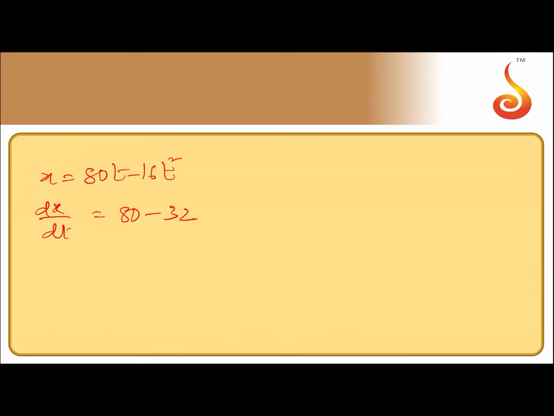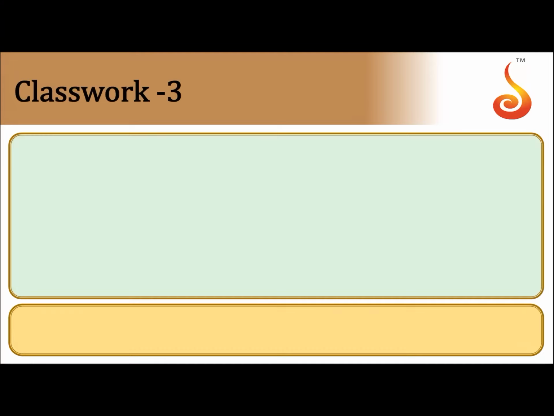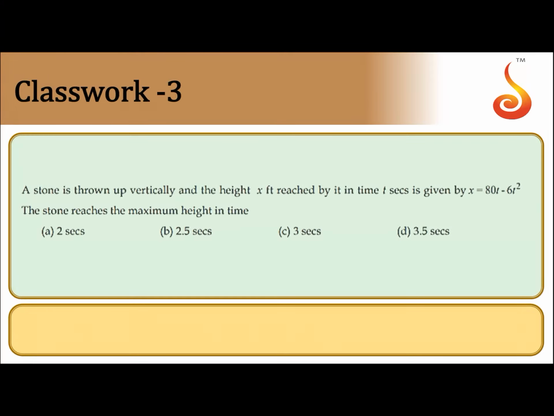So it is 80 - 32t, which equals 0, meaning t = 80/32 = 5/2. So at this time the velocity is 0 and it reaches the maximum height. Therefore, the answer is 5/2, which is 2.5.